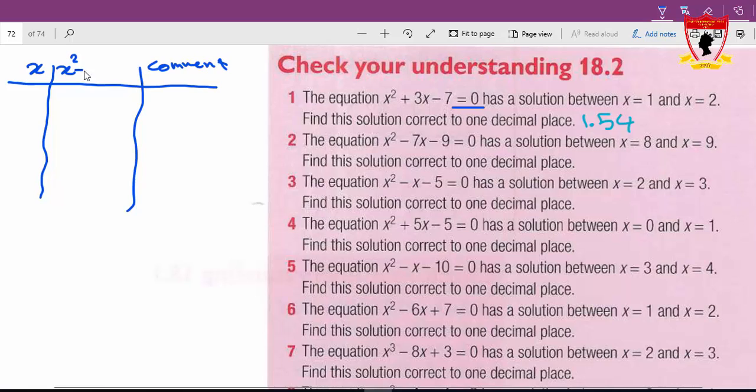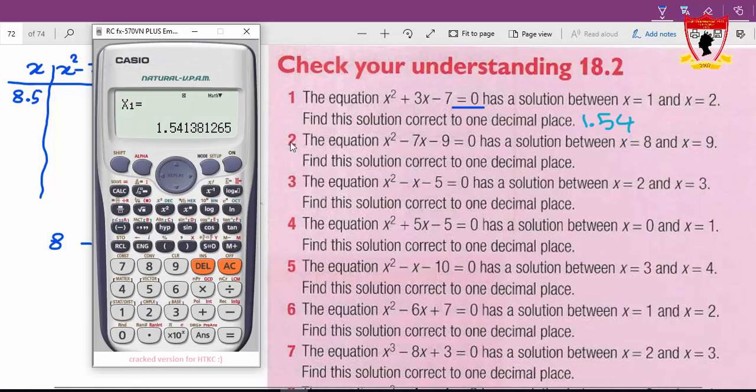Then the numbers must be between 8 and 9. So between 8 and 9, let's pick 8.5 and see how it works. Then we would have 8.5 squared minus 7 times 8.5 minus 9. Let's try it.